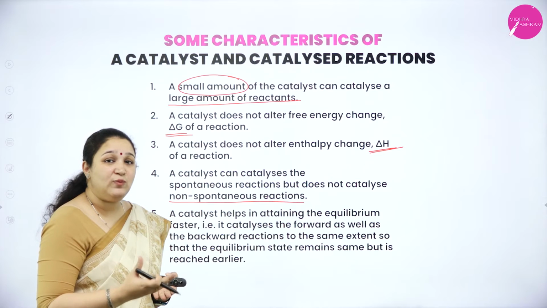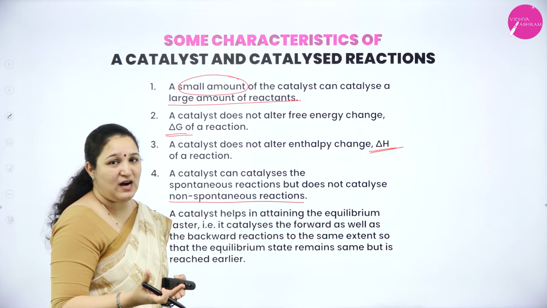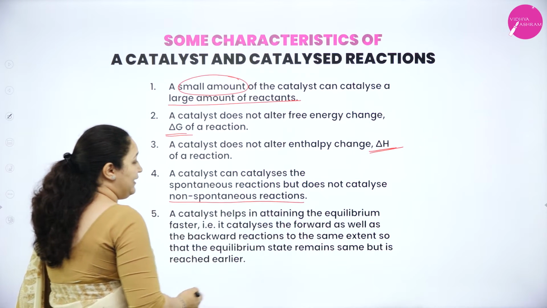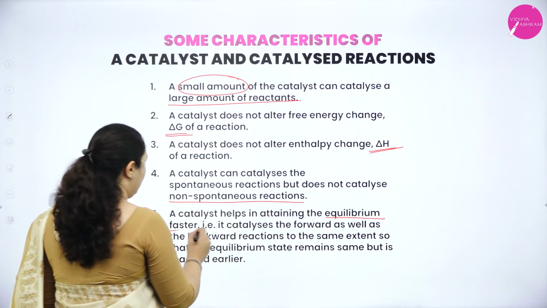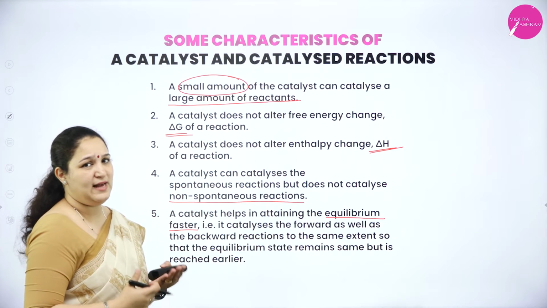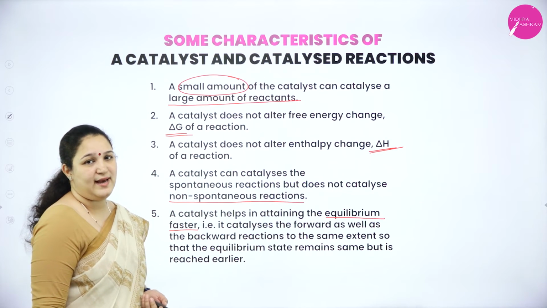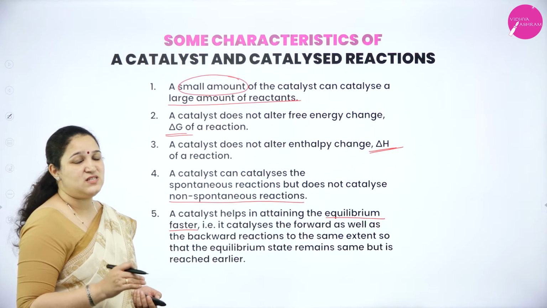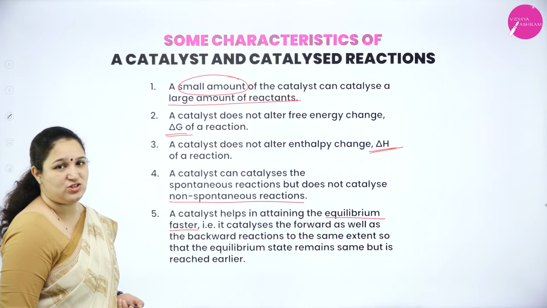And the equilibrium is attained faster. So the catalyst helps in attaining equilibrium faster by increasing both the forward as well as the backward reaction. So these are some of the characteristics of catalysts and catalyzed reactions.